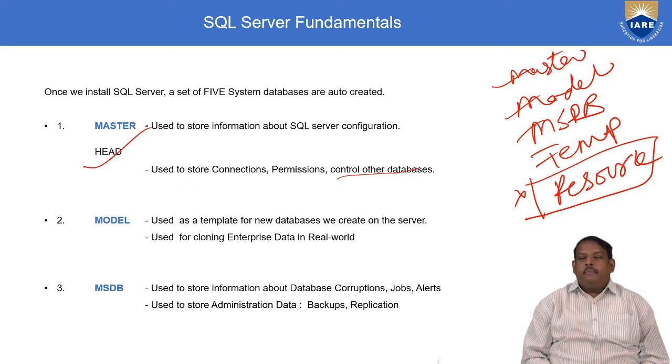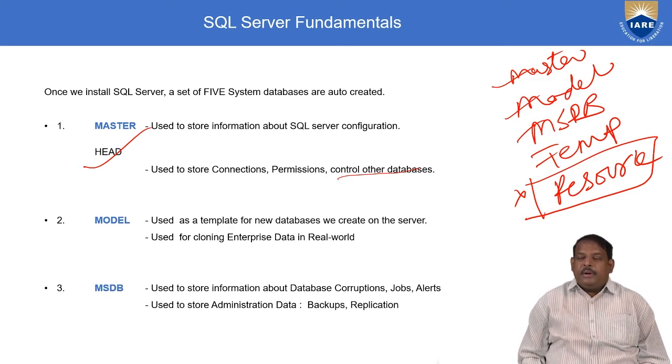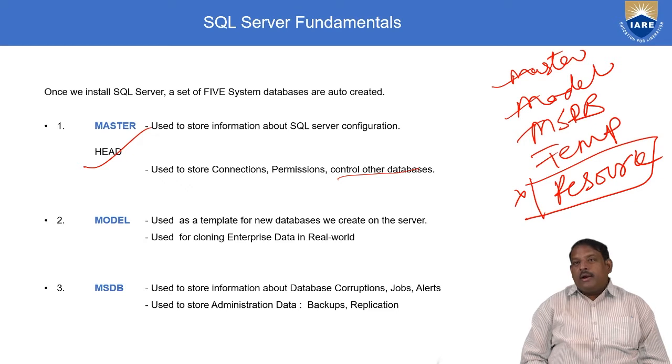Then we have the model database also. Model is one more system database used as a template for new databases we create on the server. In order to create a new database, we need a template. That template is actually provided by the model database.